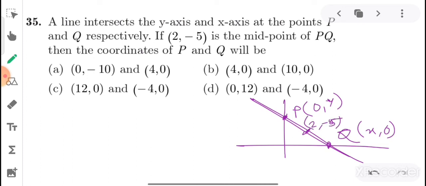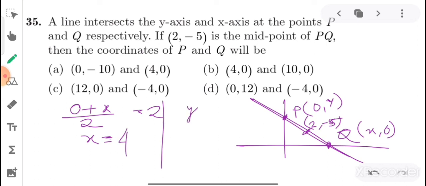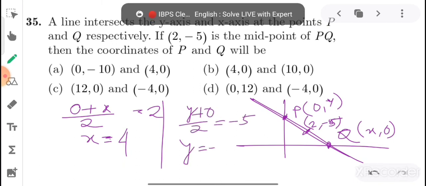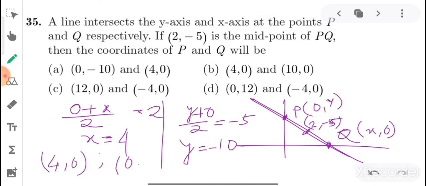We just put in the midpoint formula: 0 plus x by 2 for the x coordinate is equal to 2, so x will be 4, and y plus 0 by 2 is equal to minus 5, so y will be minus 10. Then the 2 points are (4, 0) and (0, minus 10).